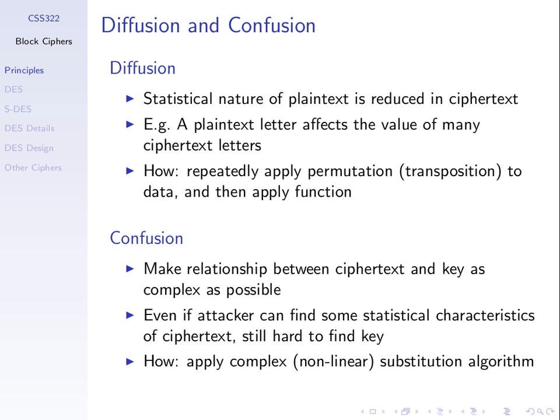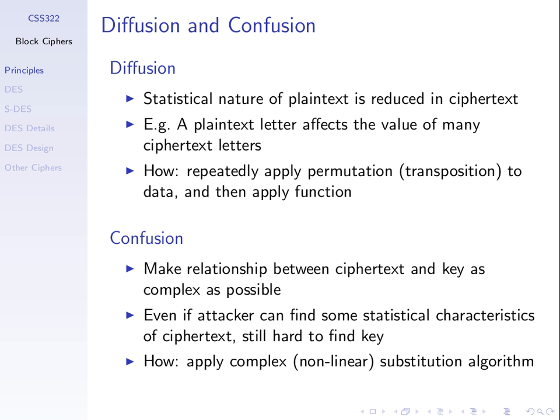The idea is that if we have an input plaintext letter or element, whether it's a bit or a letter from the alphabet, whatever, an input plaintext letter should have an impact upon many output ciphertext letters.